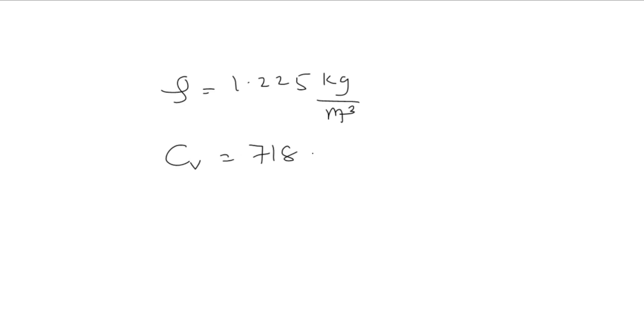So we know that density of air equals 1.225 kg per meter cube, Cv equals 718 joule per kg Kelvin.